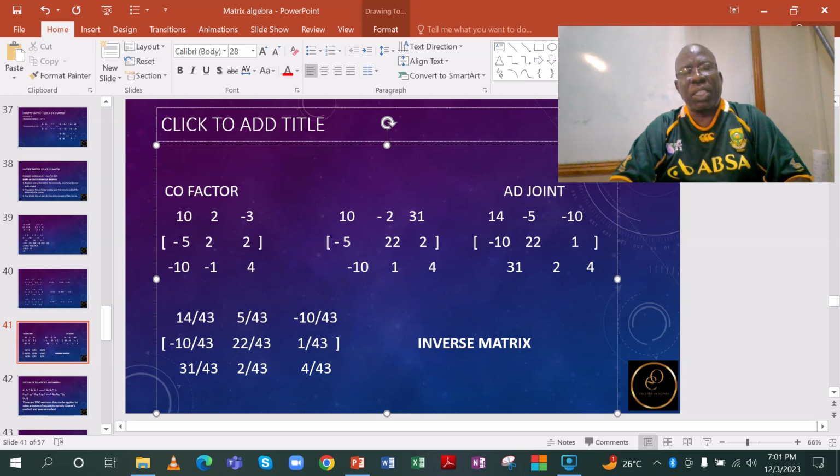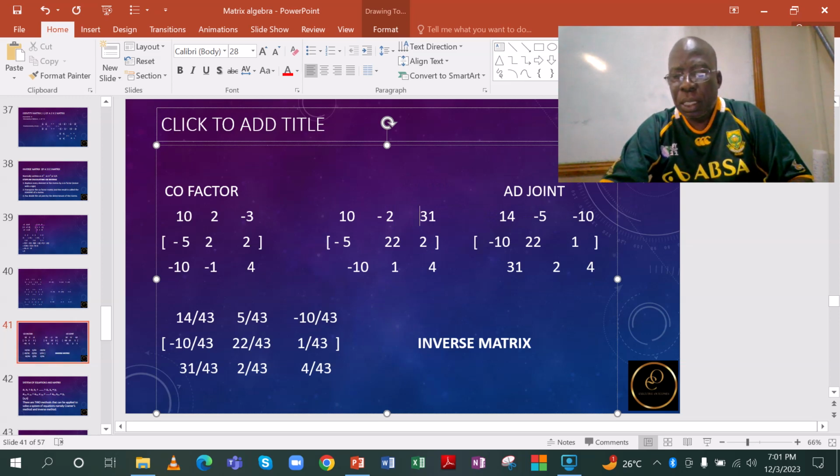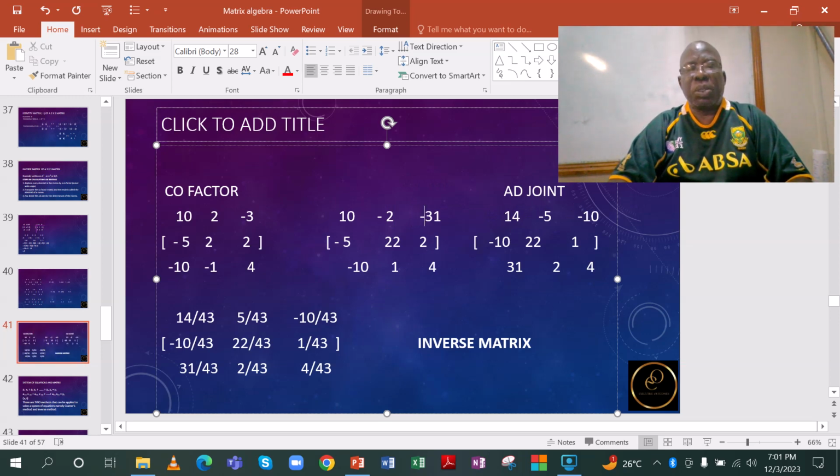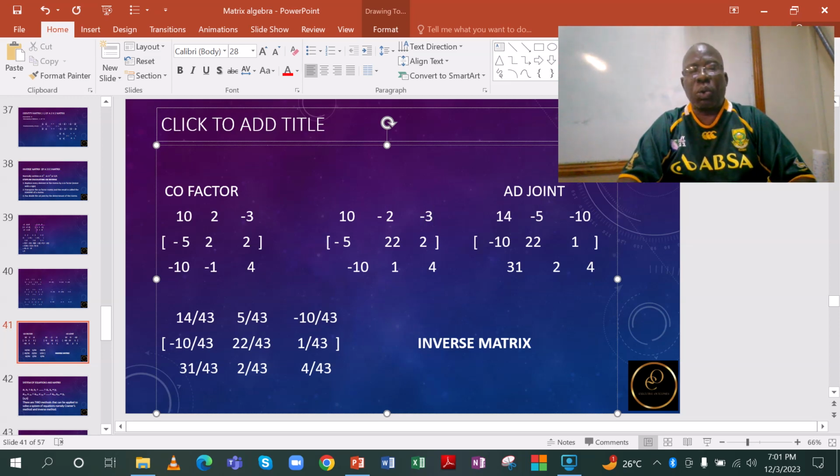This one assumes a positive because it is in row 1, column 3. Then negative 5 is in row 2, column 1, that's negative, so it becomes positive.